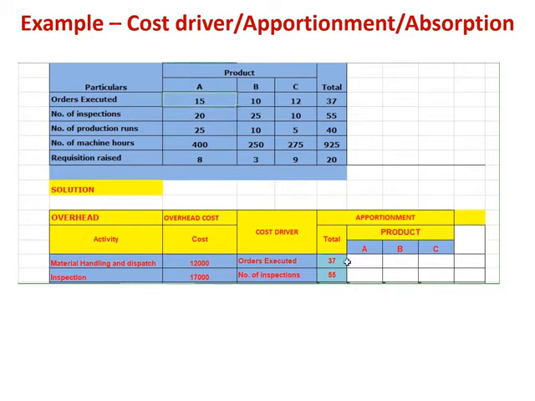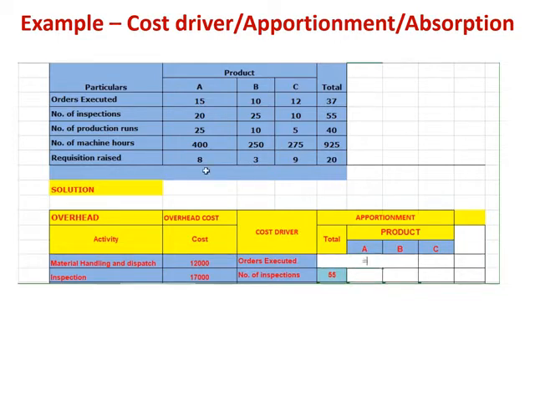So 15 orders for A. I have inserted the formula, now I will put the actual value for you. 15 is the orders executed for A. So 15 divided by the total orders 37, into the overhead cost, which is 12,000. This will give you the value.